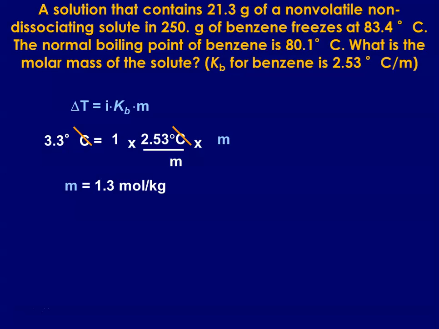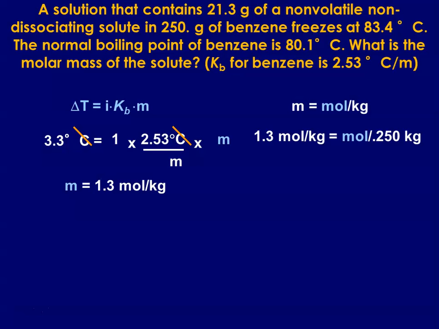So we know now that there's 1.3 moles of this solute per 1 kilogram of benzene. Well, we did not dissolve our 21.3 grams in 1 kilogram of benzene. We dissolved it in 250 grams. So if we use our molality to solve for the moles of our solute, 1.3 moles per kilogram is our molality.